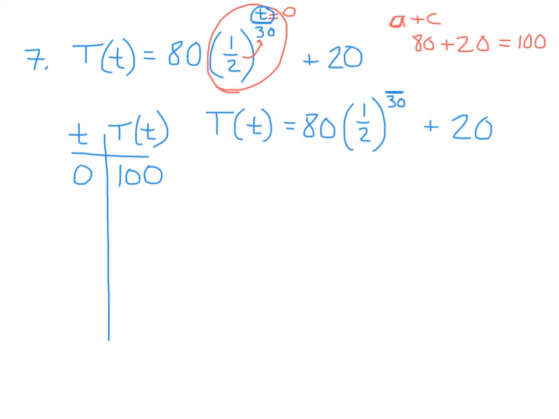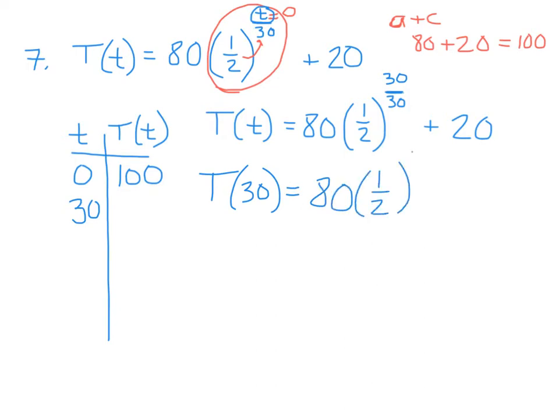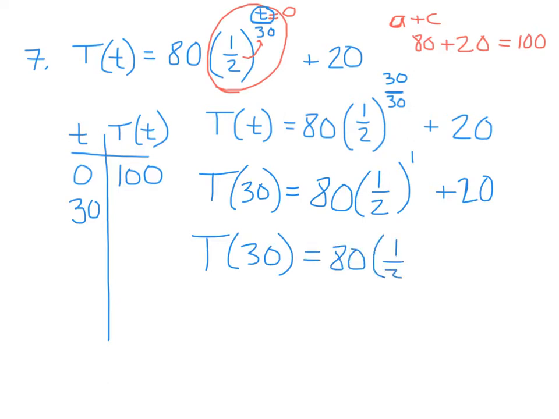But if I plug in the number 30, notice what happens. If I'm plugging in 30, that makes this nice. I can actually do this without a calculator, because 30 over 30 is just 1. And so what I'm going to end up with is 80 times a half to the power of 1, which is just a half, and then plus 20.